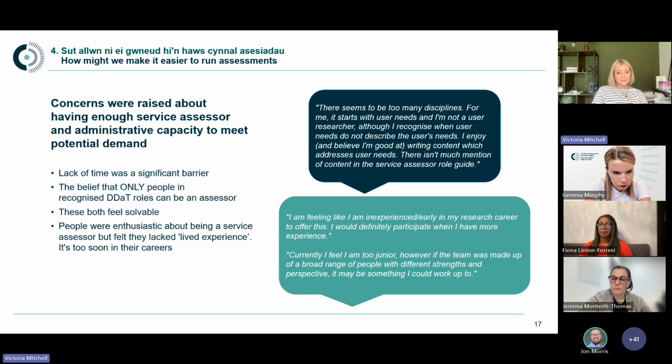Lack of capacity to learn something new was a significant barrier, probably the highest barrier. And to a lesser extent, a belief that only someone in a defined DDAT role could be an assessor. But actually, both of these things feel solvable if the support is present at leadership level to implement service assessments.